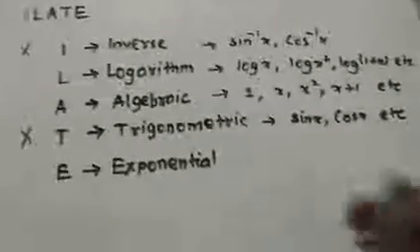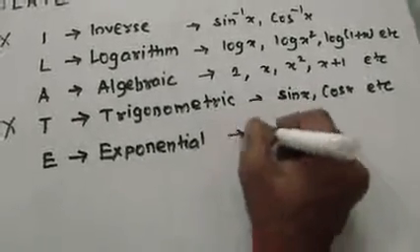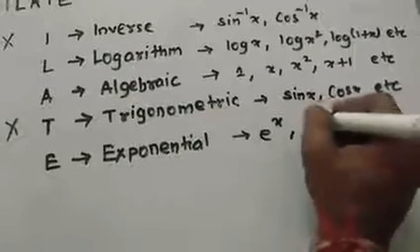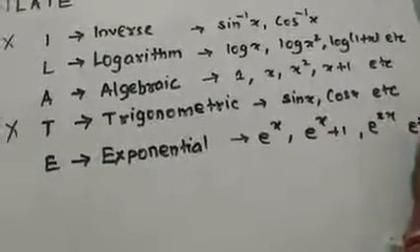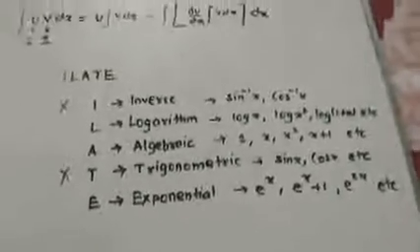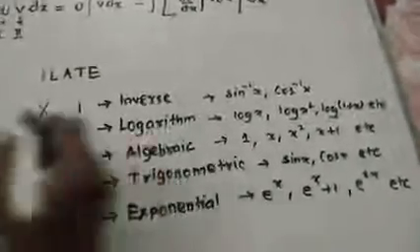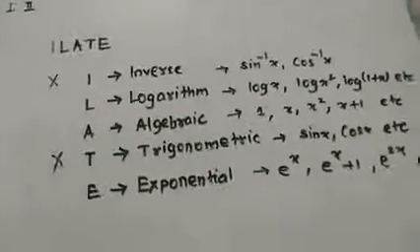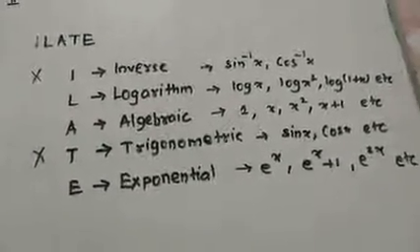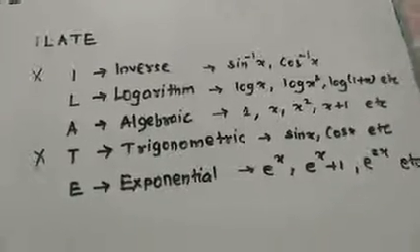And E stands for exponential, that means e to the power x, e to the power x plus 1, e to the power 2x, etc. Okay, so this is the rule. The rule says ILATE, that means I for inverse, L for log, A for algebraic, T for trigonometry, E for exponential. Now how to use this rule?